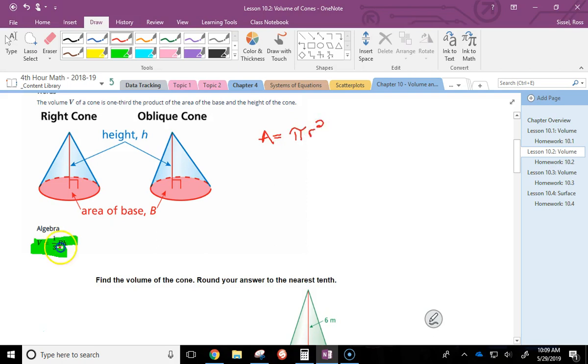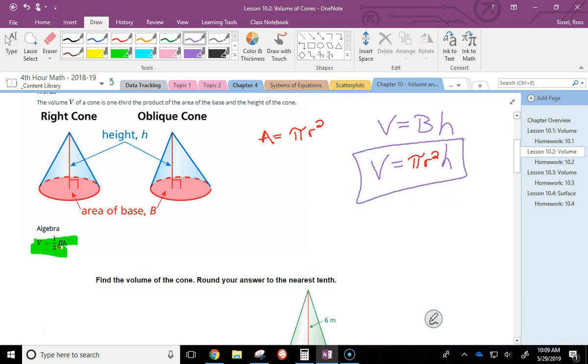So I'm going to substitute that in here. Our big equation today is volume equals 1/3 times base times height, or volume equals 1/3 pi r squared h. Okay, so that's what we're going to use.